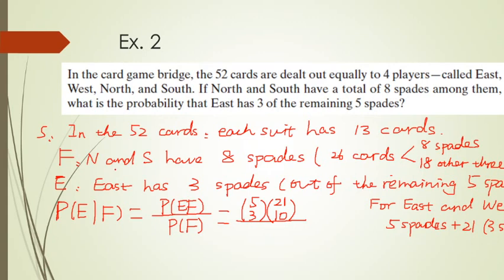Given the event that north and south have the 8 spades, they have those 26 cards, but for east, we are going to choose the 13 out of the 26. So that is the conditional probability, because in this way it's not easy to count all the different outcomes in the sample space.